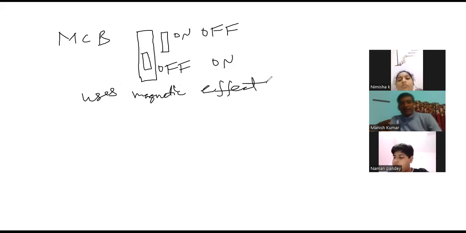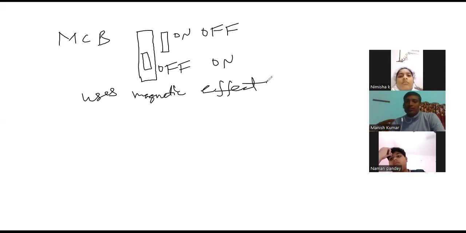And it uses the magnetic effect. One of the effects of electric current is the magnetic effect. We have already seen. Yes, sir. So whenever a large current flows, the magnetic effect is also increased a lot, and it automatically switches off this MCB, or it comes down.